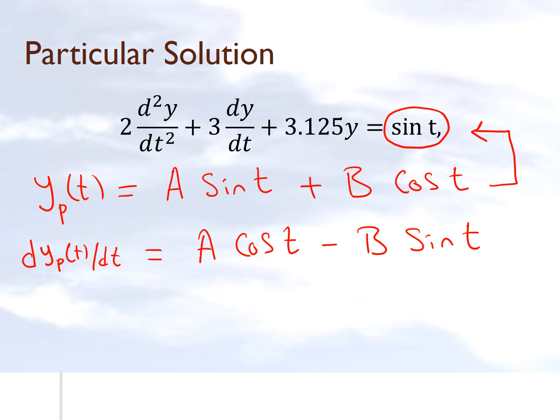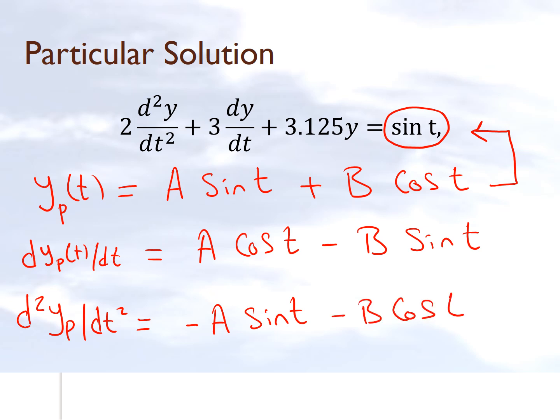We do the same for the second derivative, so that we can substitute the second derivative expression into the differential equation. The second derivative is the derivative of the first derivative, so this is equal to minus a sine t minus b cosine t.